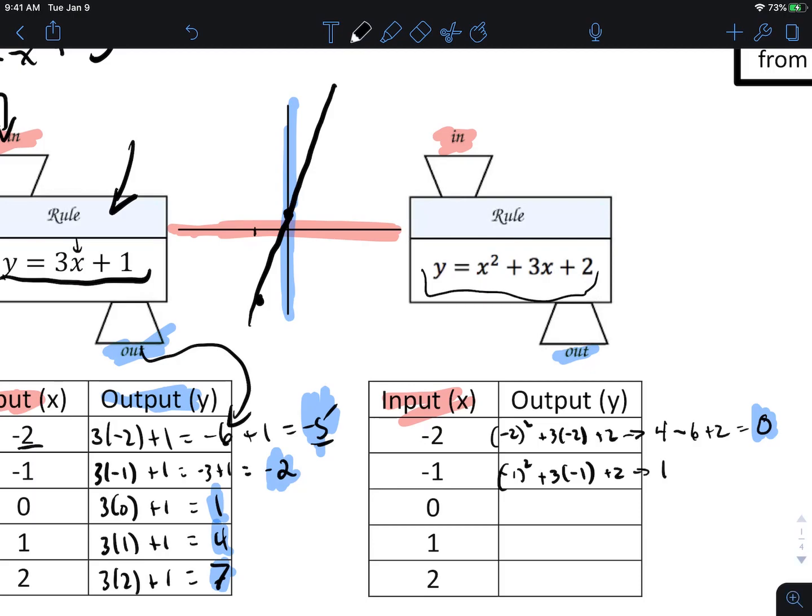That's going to be 1 minus 3 plus 2, which could be 0. Still 0. Interesting. Okay, then we keep going. What happens when I plug in 0?